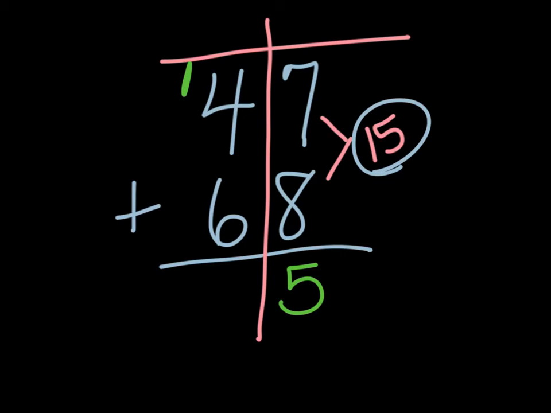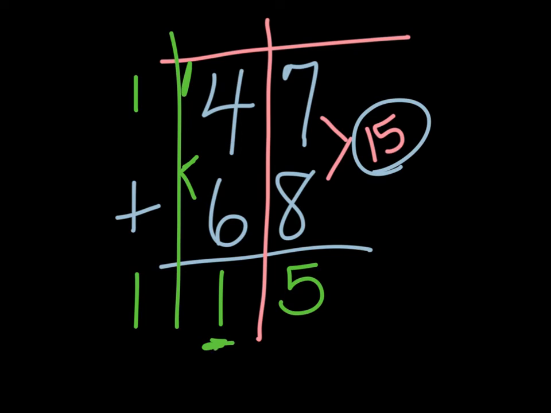So I know that 4 plus 6 is 10, plus one more is 11. And actually in this problem, I would be regrouping again, except that it would come over here as hundreds, and my answer would be 115. So remember, anytime the digit is greater than 9, you can't write anything bigger than a 9 in each column. If it's bigger than a 9, you'll have to regroup it as the next larger unit.